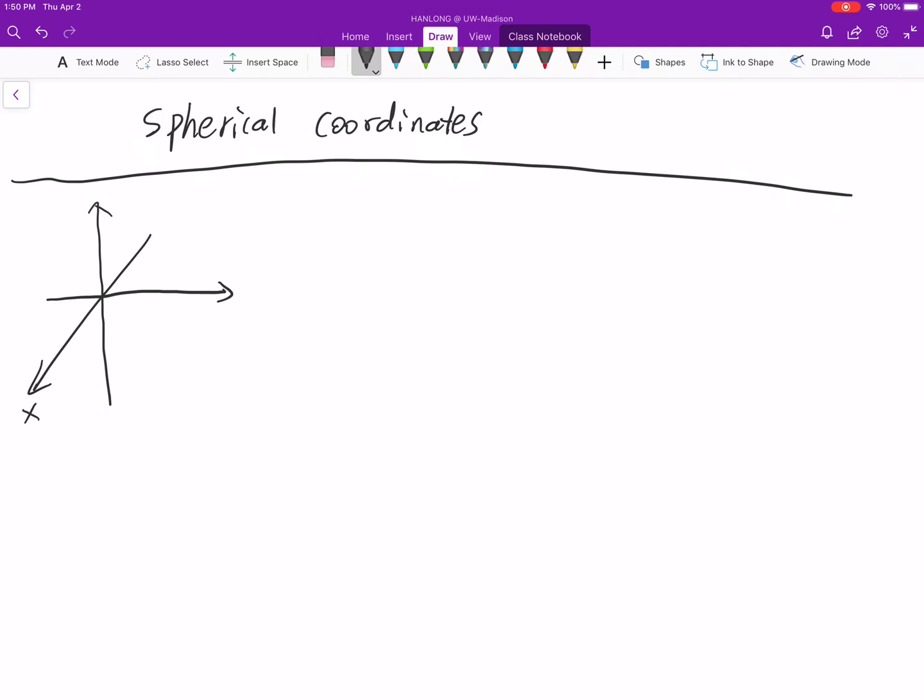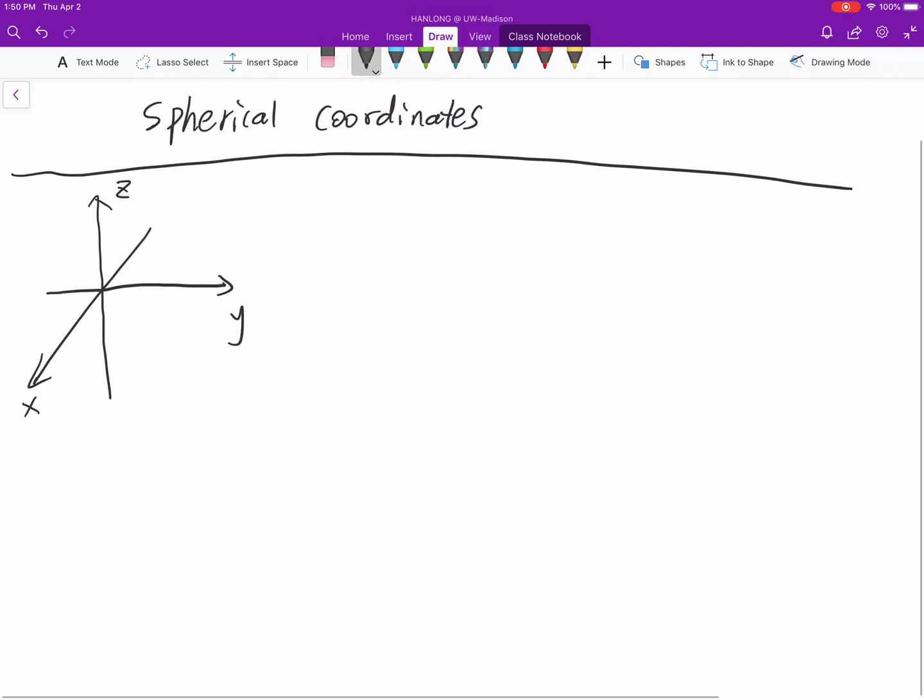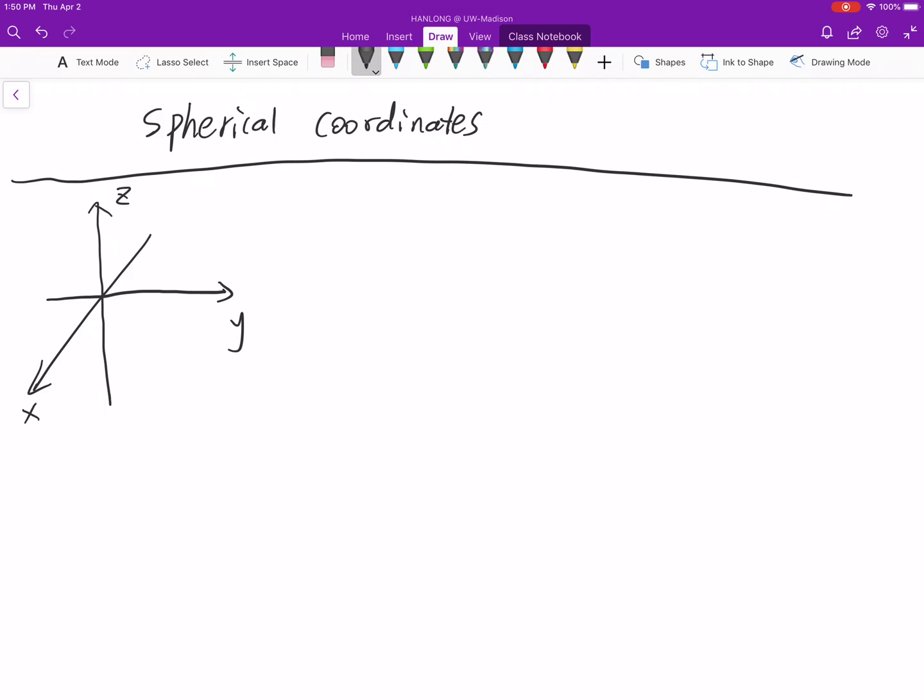Suppose you have an xyz coordinate system, and you have a sphere, a unit sphere, and suppose you have points on the sphere. Let me take this one, and then there are some geometrical quantities related to this point.